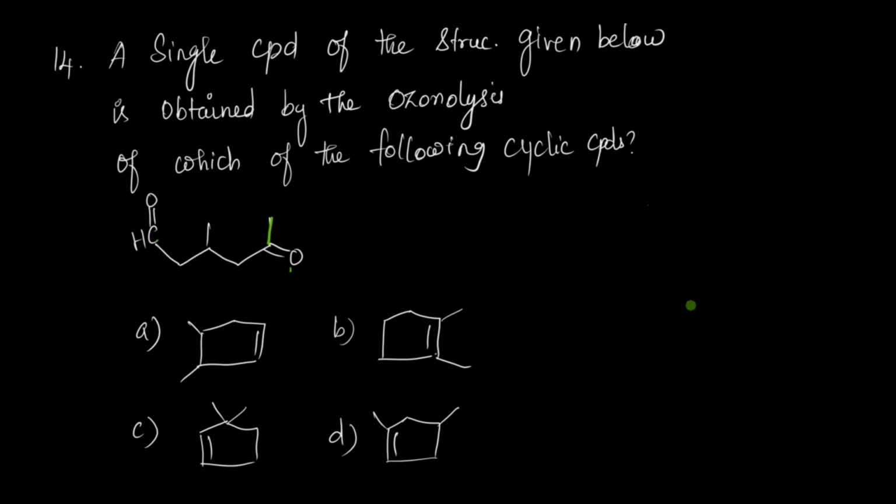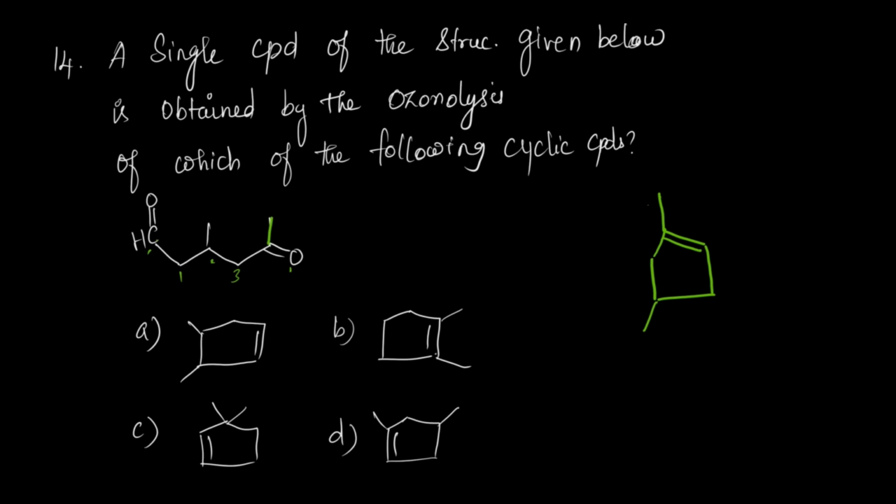So I'm going to draw the structure that is having a double bond, and coming to this part, 1, 2, that side I'm having a methyl group, and then 3, 4 is connected with this carbon.